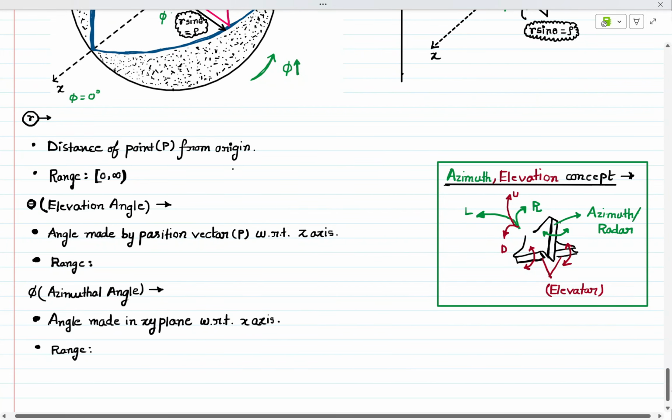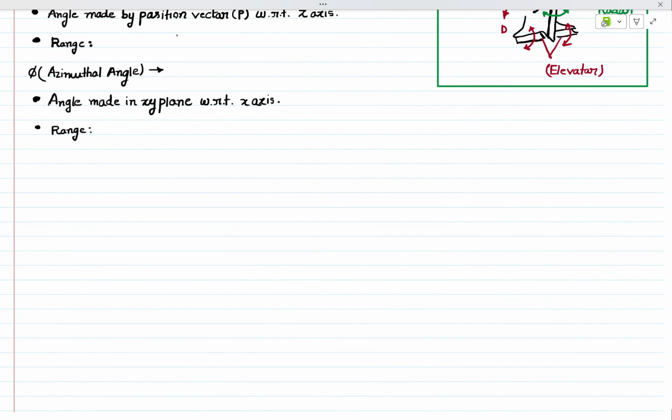Now, range of theta and phi. See this point very carefully. Now in the three-dimensional vector space, this is another concept.